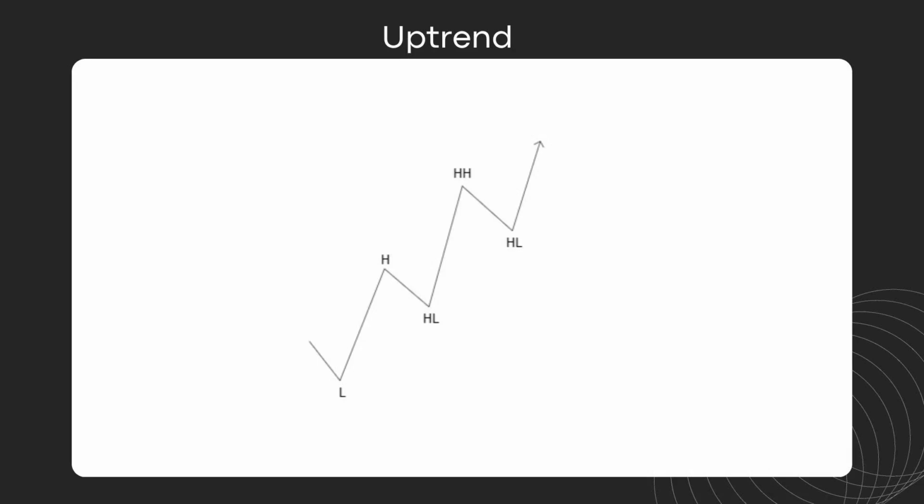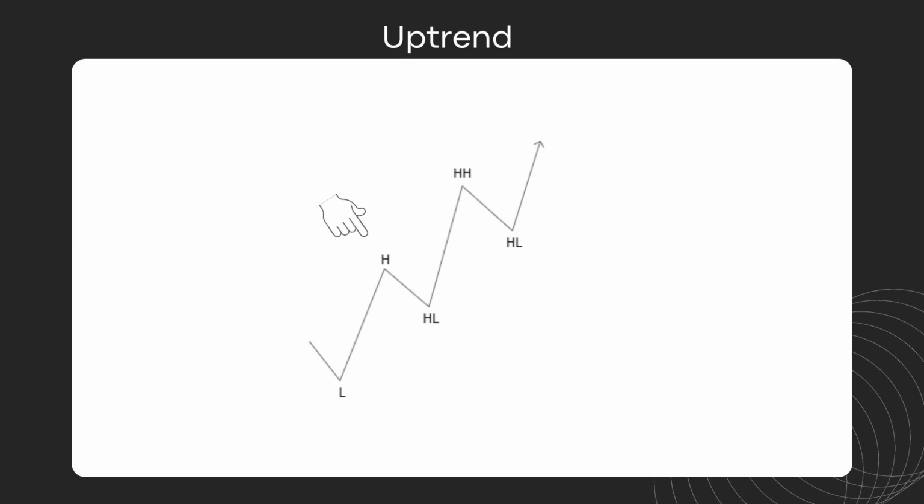So right here we've got an uptrend. There are multiple names for it. You can call it a bullish trend, a bull trend, or anything you want. But the idea is that an uptrend is made up of highs and lows which consistently move higher, just as the name suggests. Right here you can see that we start off with a low, and then price continues moving higher and makes a high.